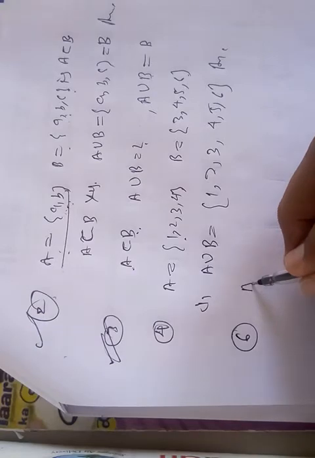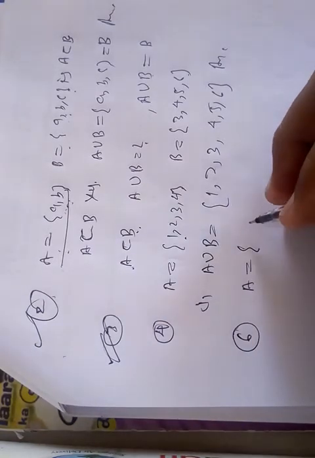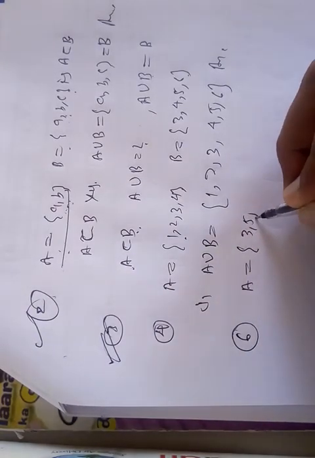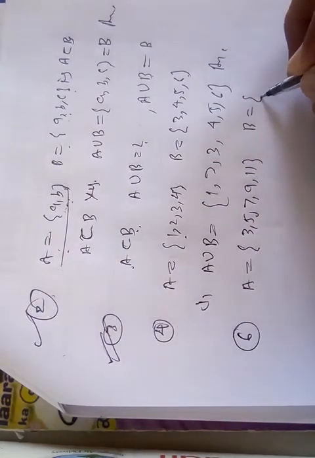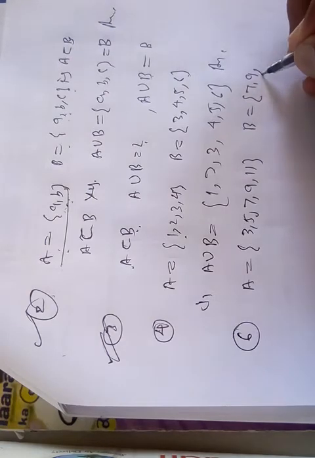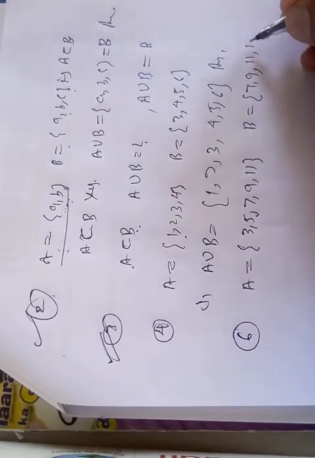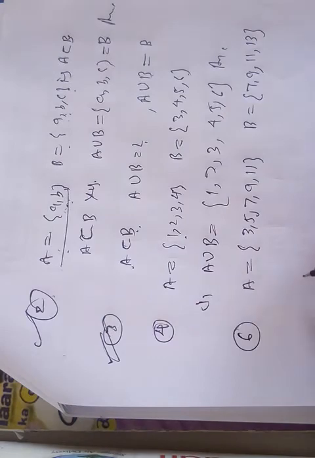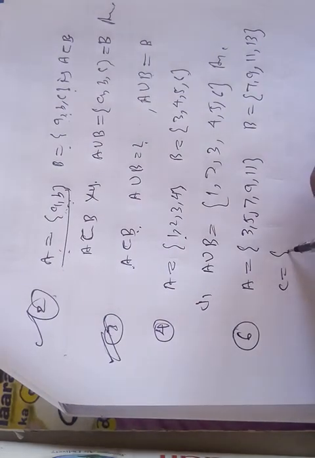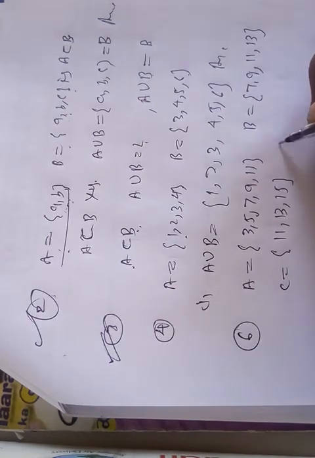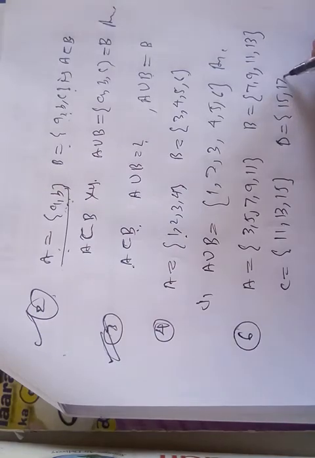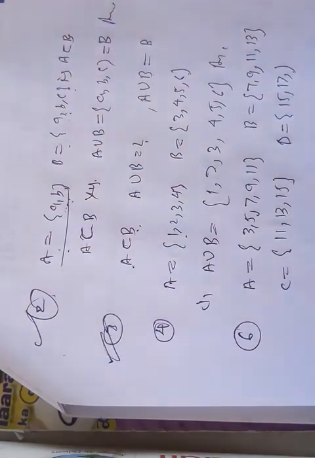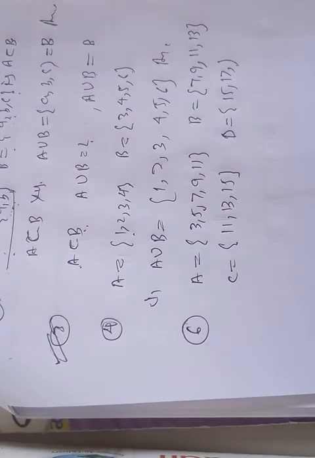Question 6 is an intersection type question. A equals {3, 5, 7, 9, 11}, B equals {7, 9, 11, 13}, C equals {11, 13, 15}, and D equals {15, 17}.